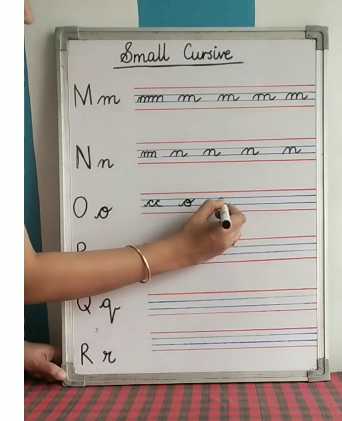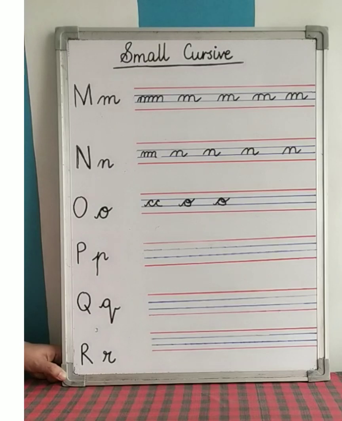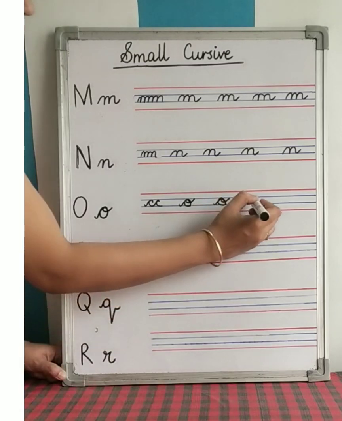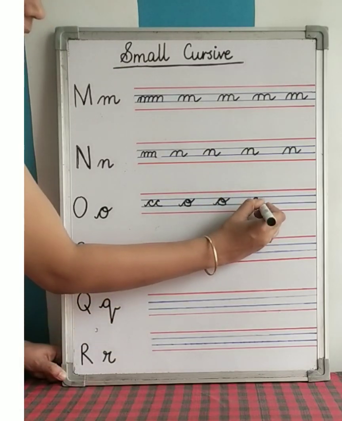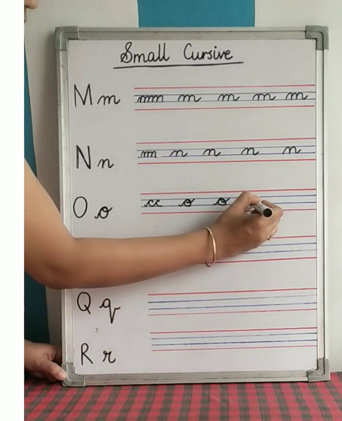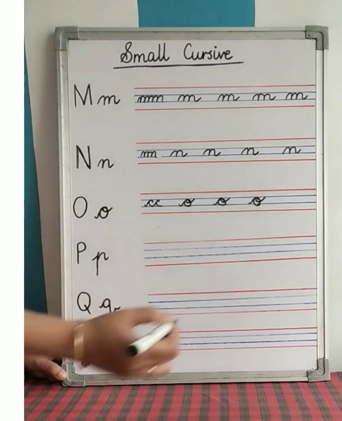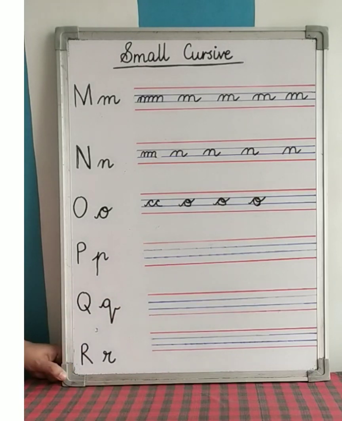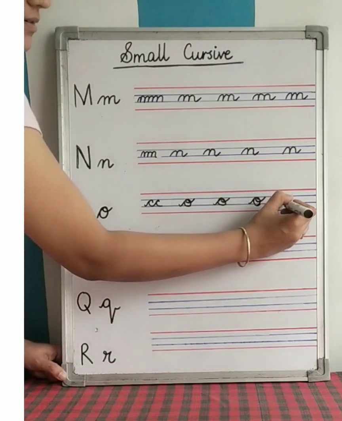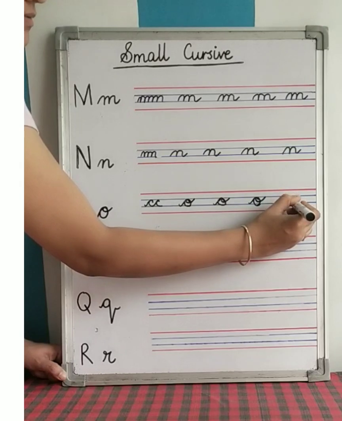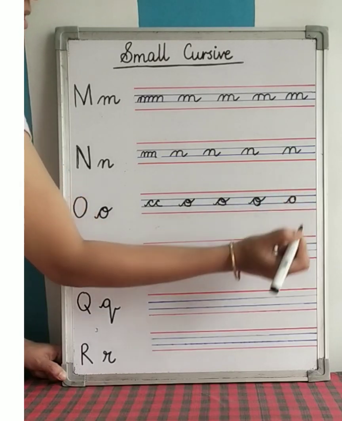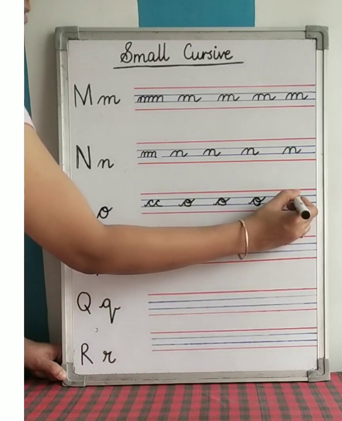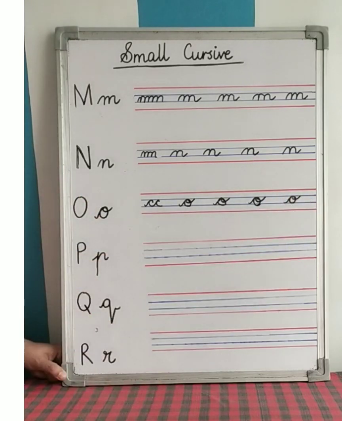First we'll draw the pattern of C, we'll join it into a circle and then a pattern upwards like a tail. First C, then we will form a circle, then we will form a tail over there. This is small cursive O. See here, like this.